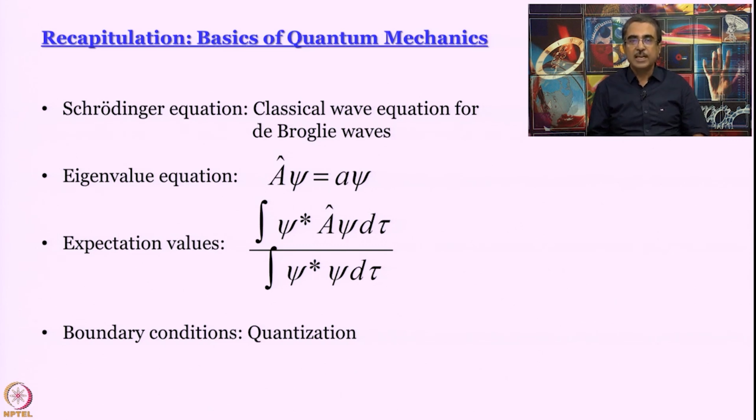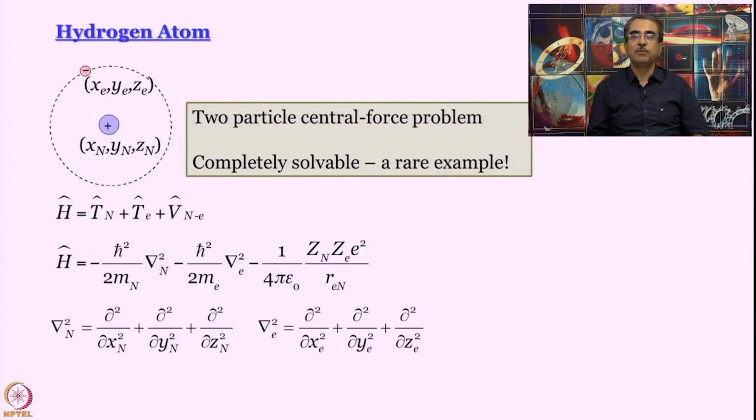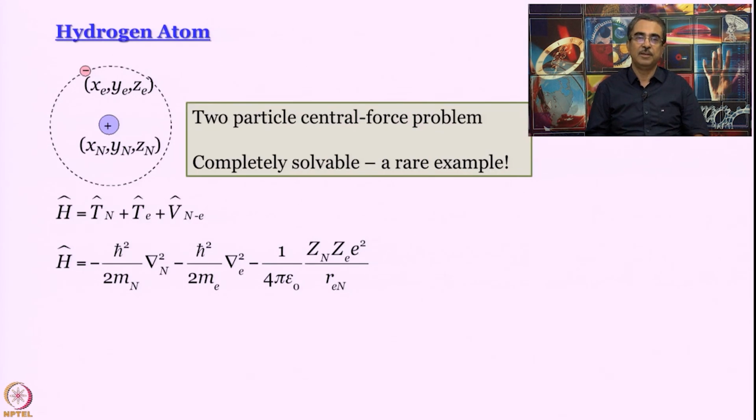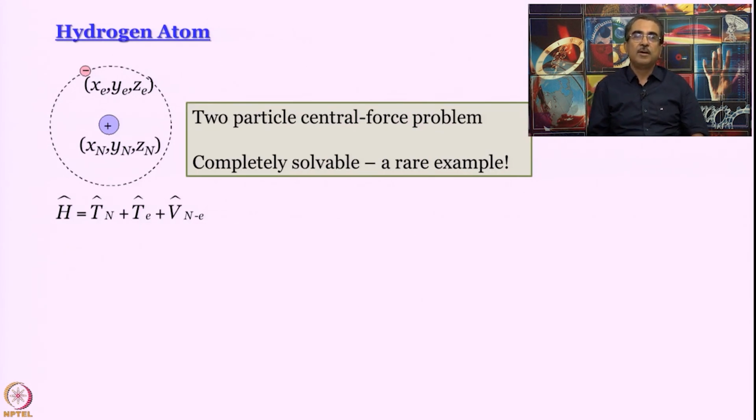So, with this, let us now think how we can formulate the problem of the hydrogen atom in the language of quantum mechanics. When we try to do that, the first thing that we have to write down is the Hamiltonian. Now, the hydrogen atom is really a 2 particle central force problem. What is the meaning of central force? As we said, the nucleus contains all the positive charge and the electron is a negatively charged particle.